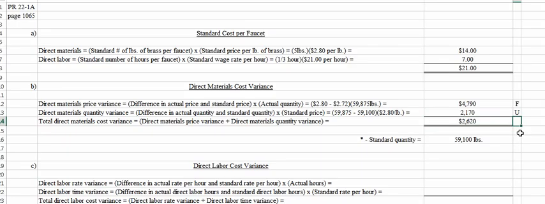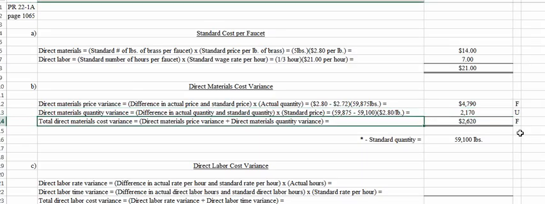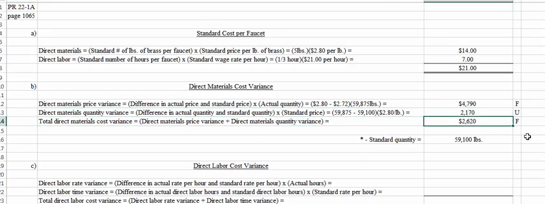So we get 2620, and that one is going to be favorable overall because our favorable variance was larger than our unfavorable variance. So the total direct materials cost variance is $2,620, and that's a favorable variance.